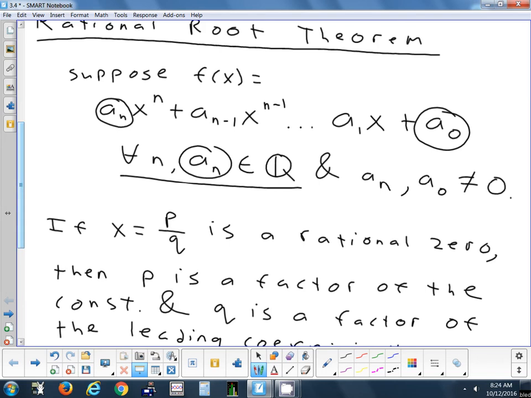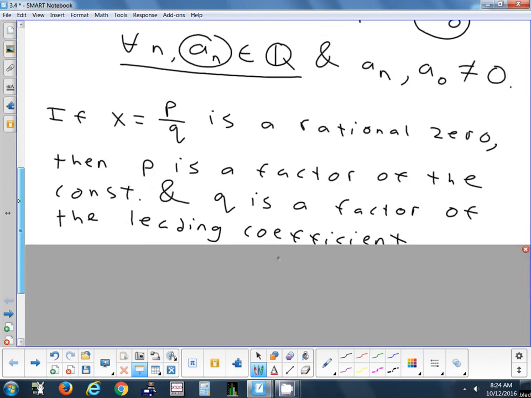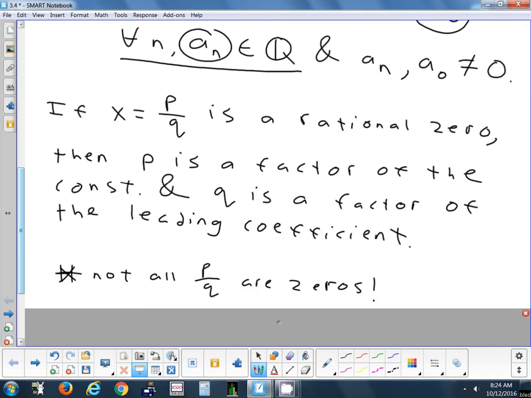But this is a method to generate every possible rational root, and then we'll use the calculator to narrow down which ones really work. So that's what I'm saying right here. Not every single number of the form p over q is going to be a rational root. In fact, a lot of times you're going to generate 20 different possibilities, and maybe only one of them works.